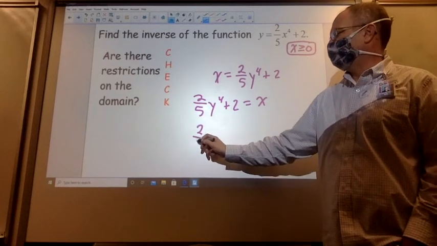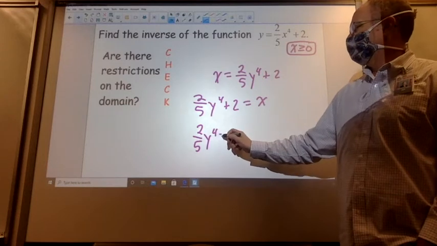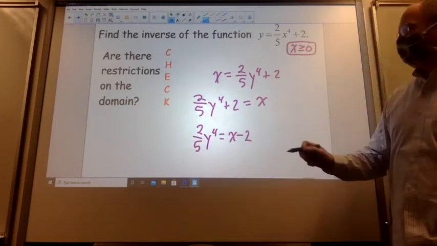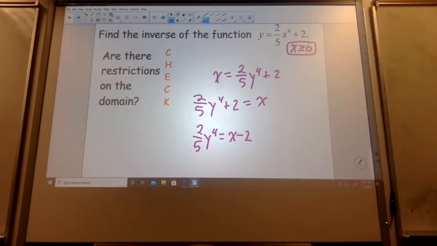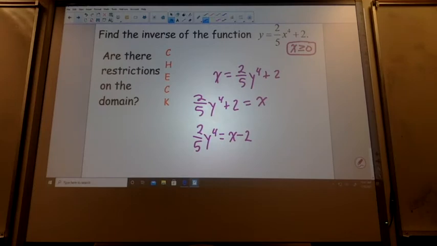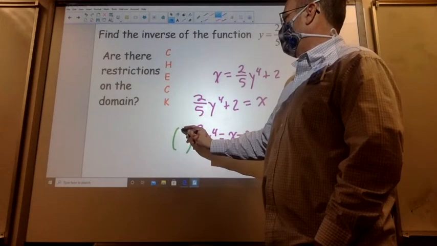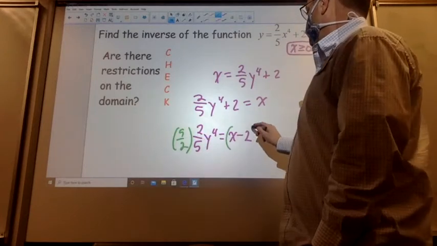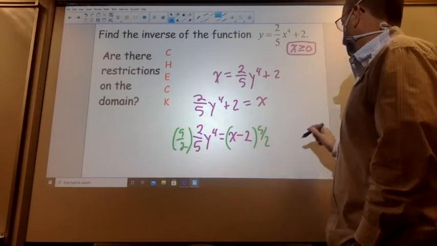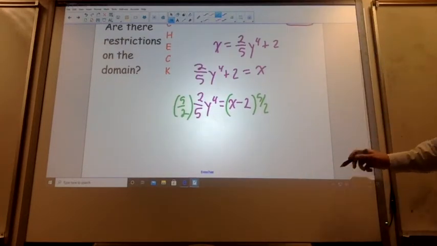Happy about that. Okay. We could multiply by a reciprocal, or we could multiply everything by 5 and then divide by 2. It's going to do the same thing to both sides. So I'm going to multiply both sides by 5 over 2.